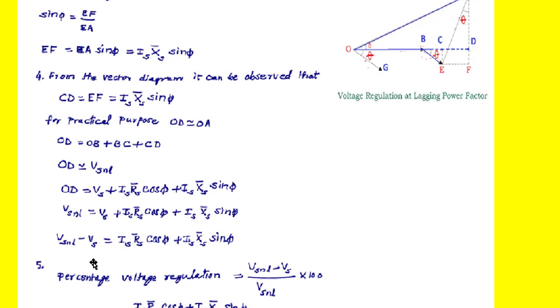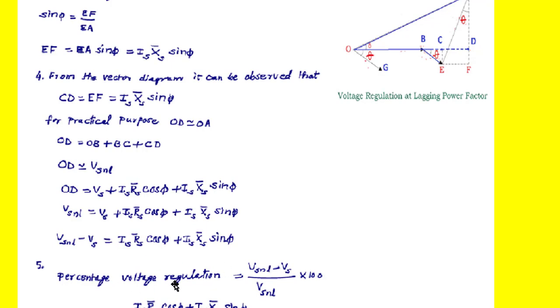And from this we can write VSNL minus Vs is equal to Is Rs bar cos phi plus Is Xs bar sin phi. So this is the voltage drop across the impedance, that is Zs bar. So that Zs bar voltage drop we are representing as Is Rs bar cos phi plus Is Xs bar sin phi.